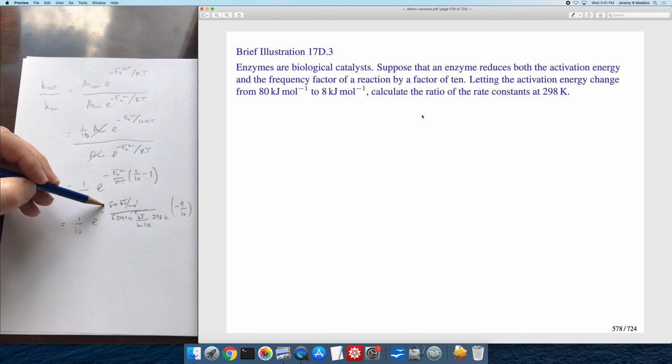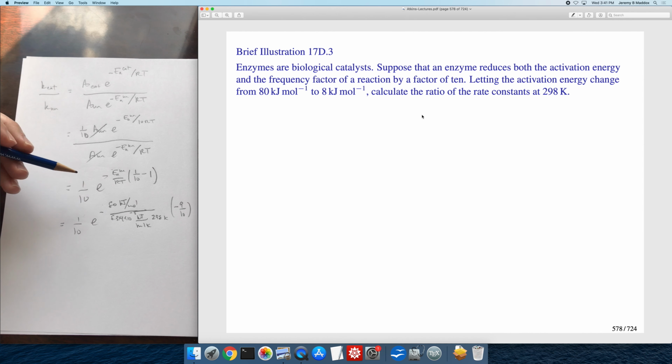So starting here, 80 divided by 8.314 times 10 to the minus 3, divide that by 298, take it times 9, divide by 10. Okay, that gives us e to the 29, so this is going to be a very large number.